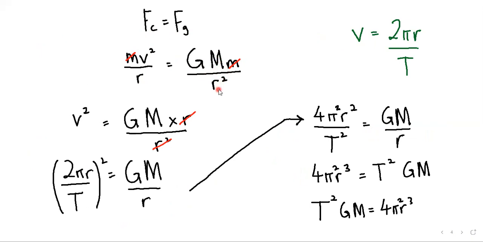As we know, the linear speed of the earth going around the sun is the distance of the orbit, 2 pi r, the circumference, over the period of orbiting.